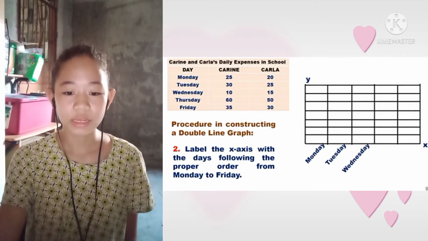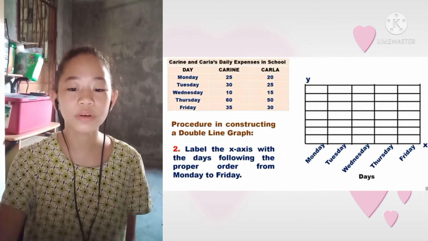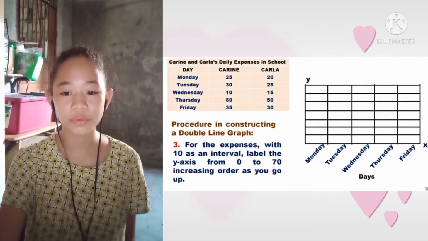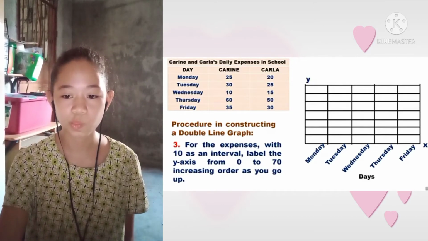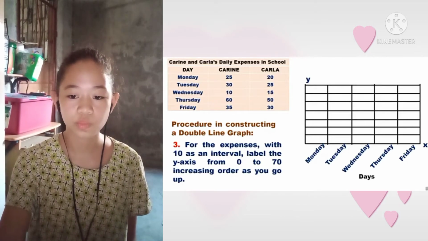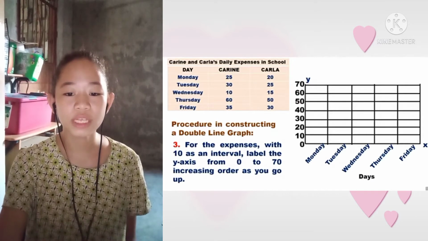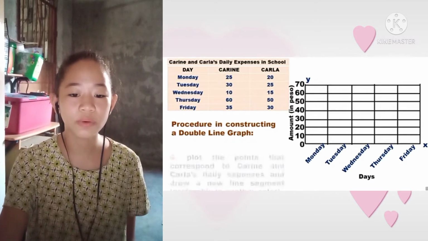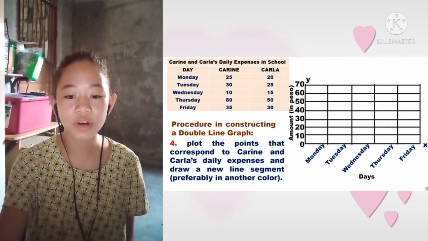Second, label the x-axis with the days following the proper order from Monday to Friday. For the expenses, with 10 as interval, label the y-axis from 0 to 70 in increasing order as you go up.